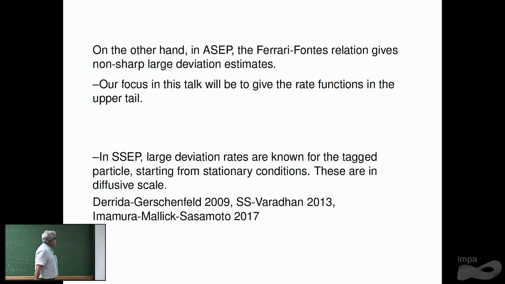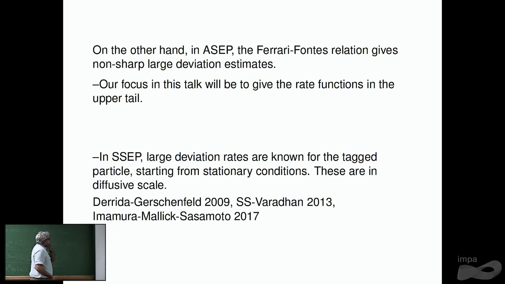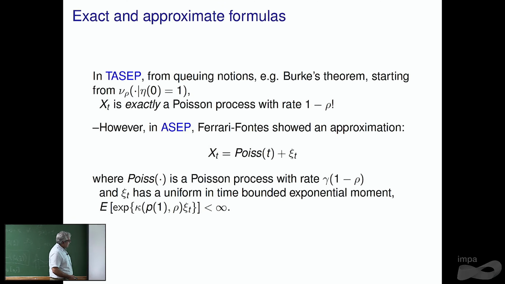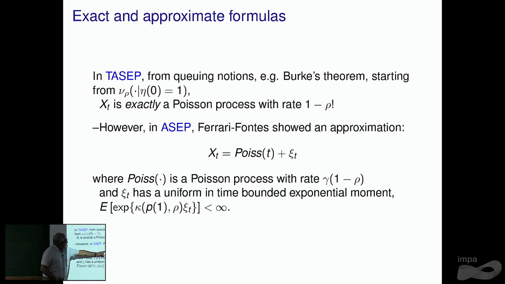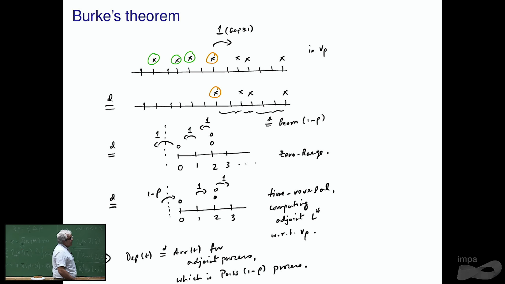Okay, so this is the explicit rate function. In ASEP, the Ferrari-Fontes relation unfortunately doesn't allow us to get the large deviation rate function. Why? Because if this were independent of that, then near the zero, you can actually get the rate function. But since they're correlated, you can only get bounds.